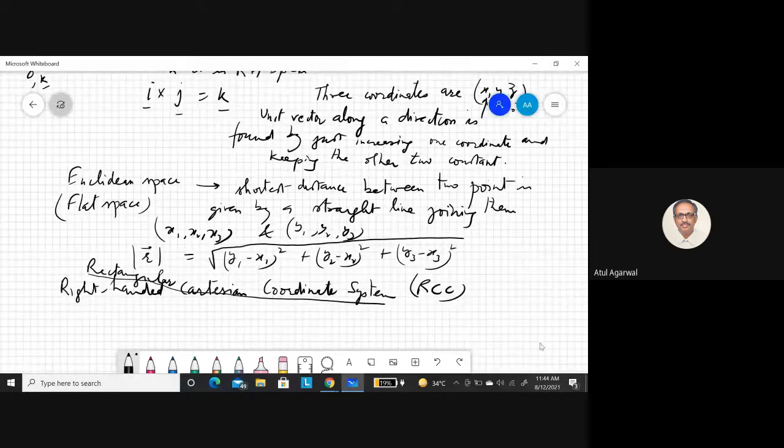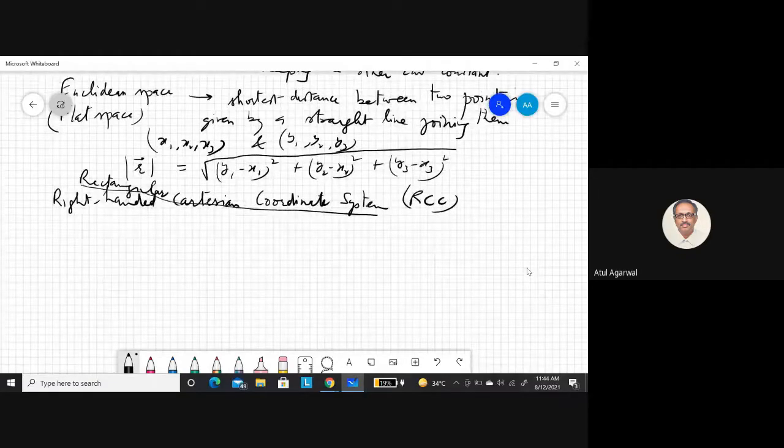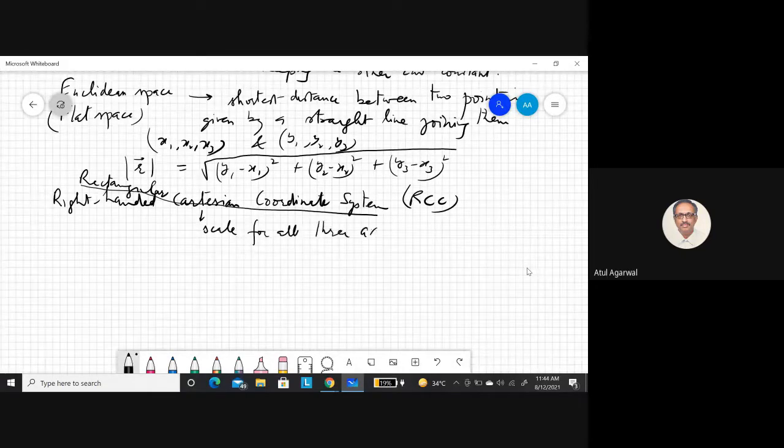So rectangular means your coordinate axes are perpendicular to each other. Cartesian means the scale for all three axes is the same.